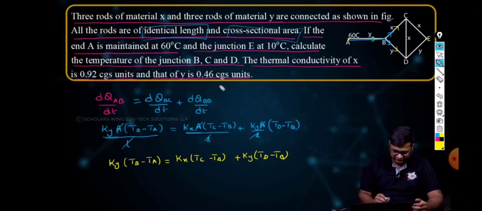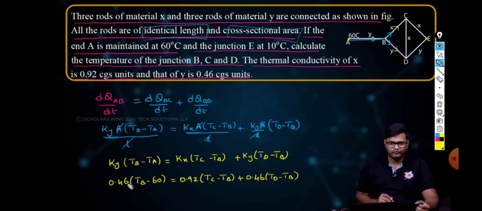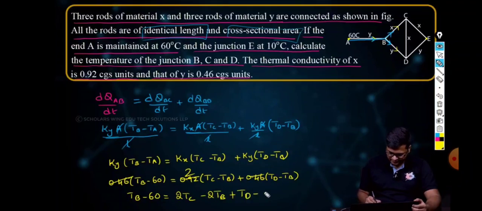Thermal conductivity for Y is 0.46, TB minus TA, with TA being 60 degrees Celsius, equals Kx, that is 0.92, times (TC minus TB), we don't know these, plus Ky, that is 0.46, times (TD minus TB). Again we don't know these two temperatures either. Here 0.46 into 2 is 0.92, so ones, twos, ones. So TB minus 60 equals 2TC minus 2TB plus TD minus TB.